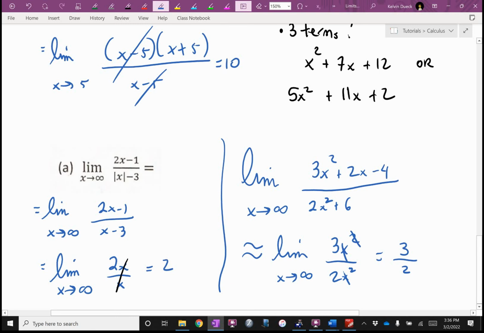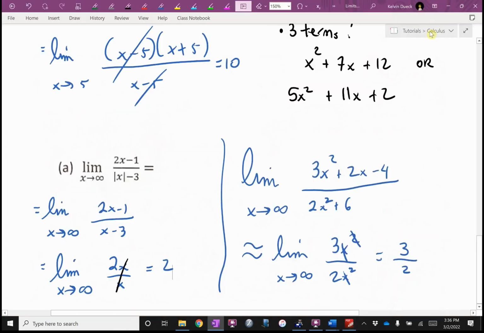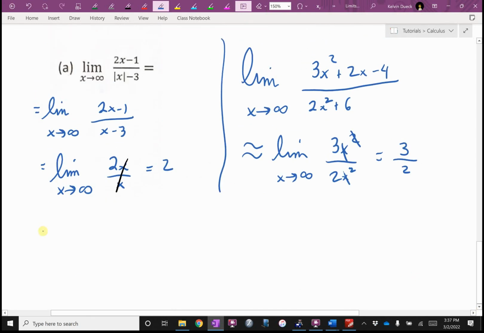Just for giggles, let me check if it was on the quiz. No. What if instead we went to negative infinity? We'll call it part 2. What if we did the limit as x approaches negative infinity of 2x minus 1 all over the absolute value of x minus 3? If I put a negative in here, what's going to happen when I take the absolute value?